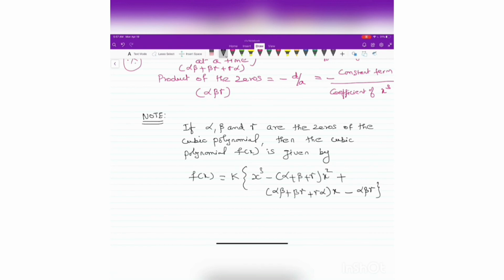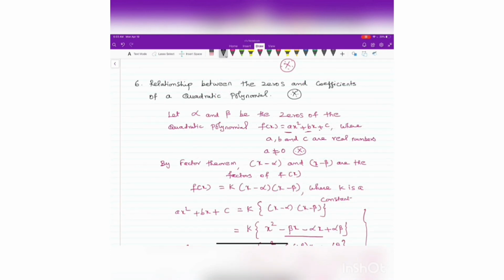Here the sign will be alternatively plus and minus, where k is any non-zero real number. Very, very important point.